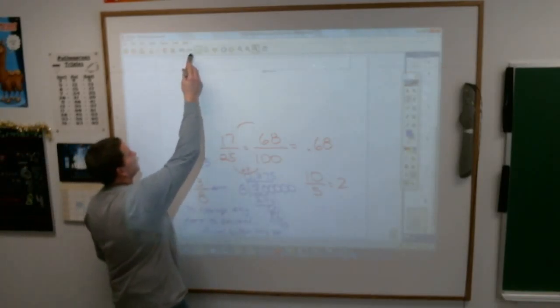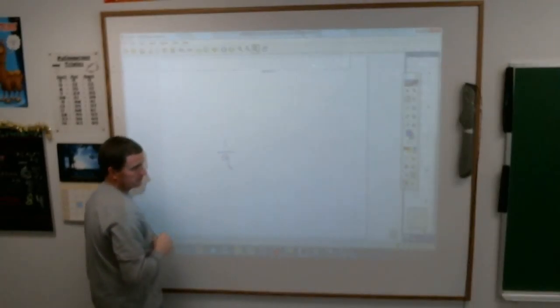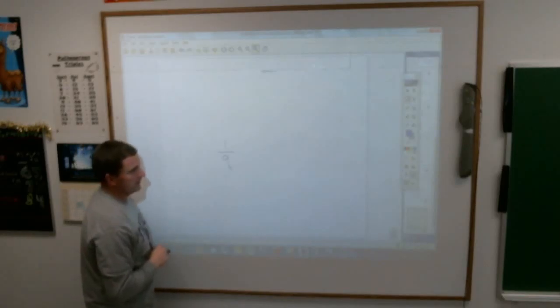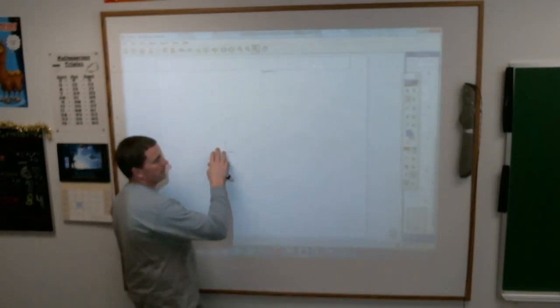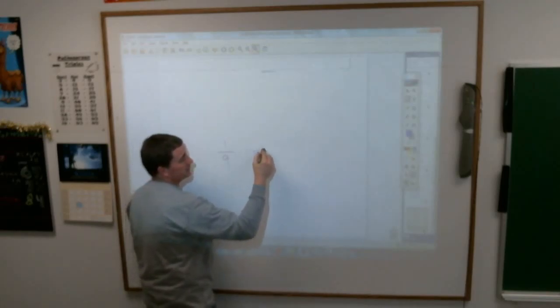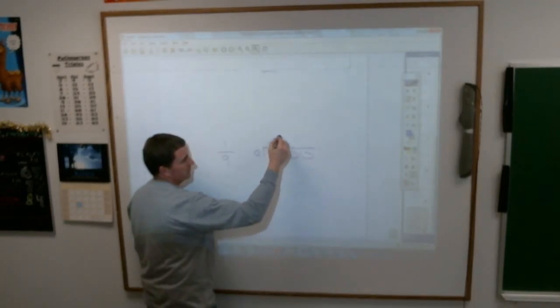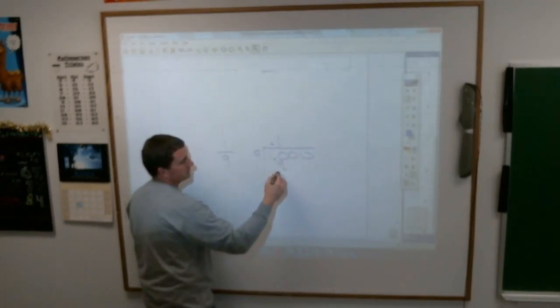How about this? What if it was 1/9? Here's the beauty of math at its best. Remember, it's the bottom into the top, so it's 9 divided into 1. How many times does 9 go into 10? Once. I subtract and bring down my zero.